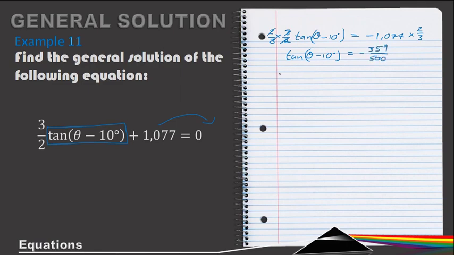Alright, so now to start off with QRS, first we need the quadrant. We can see that this value over here is negative. So if I look at the CAST diagram, where is tan negative?